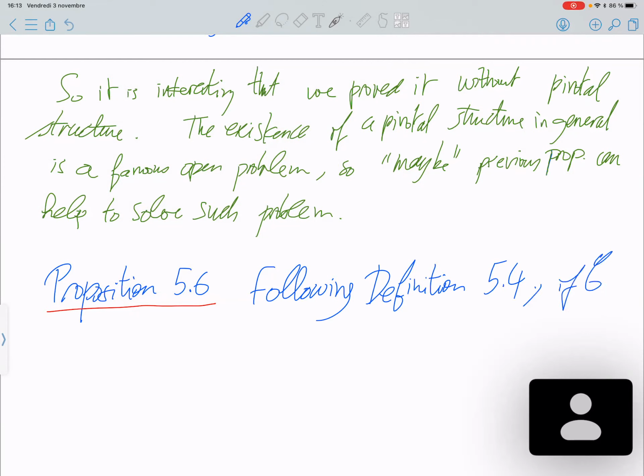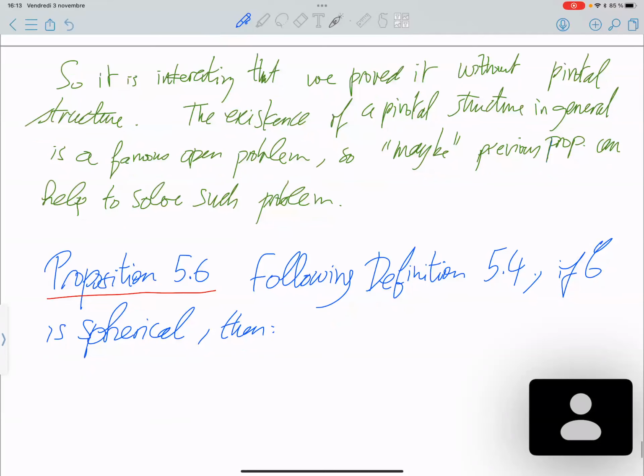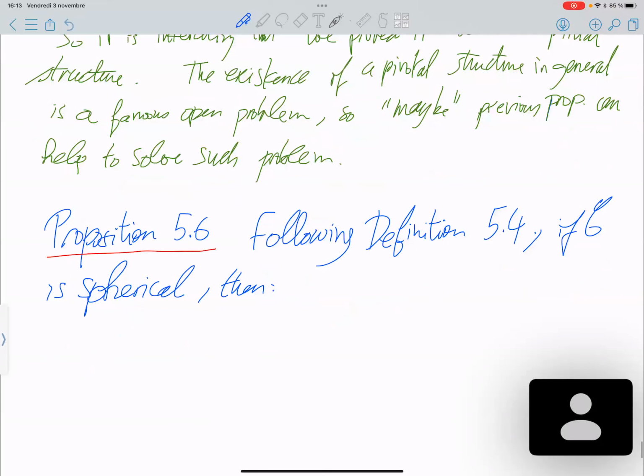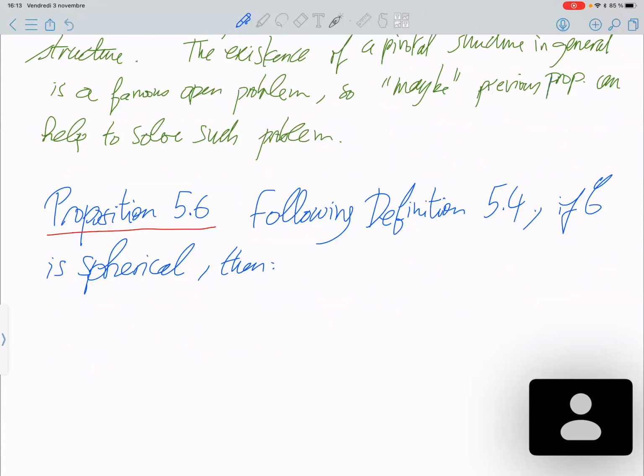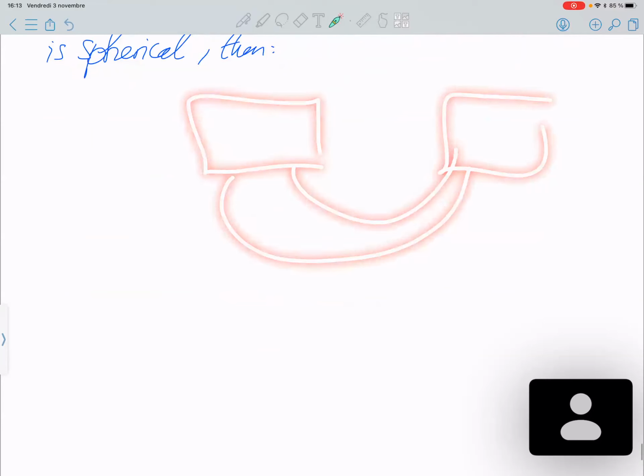If C is spherical, then, and here we will use lemma 2.13. Remember, this lemma involving the spherical structure, you have something like that, equal to something like that.